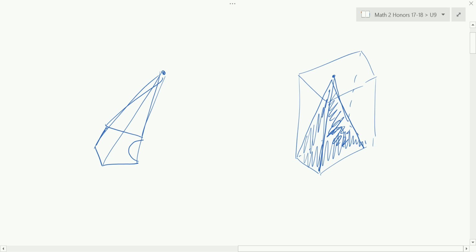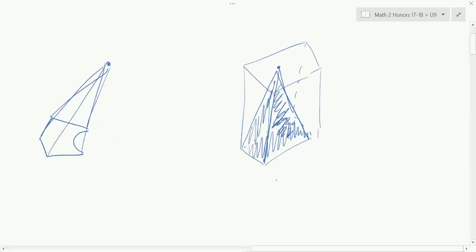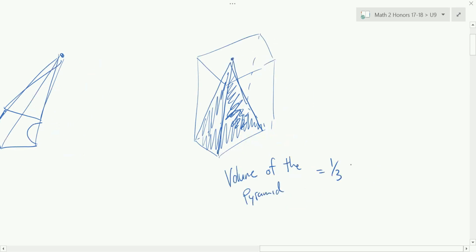We'd find what? The volume of the pyramid is 1/3, always, the volume of the prism.